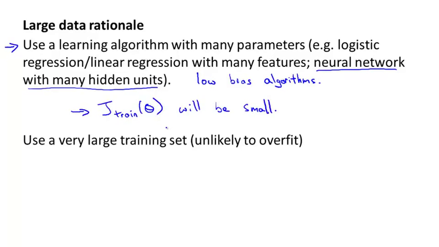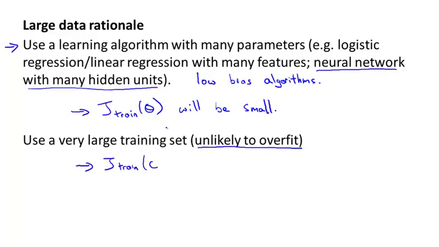Now let's say we use a massive training set. In that case, even though we have a lot of parameters, if the training set is much larger than the number of parameters, then hopefully these algorithms will be unlikely to overfit, right? Because we have such a massive training set.